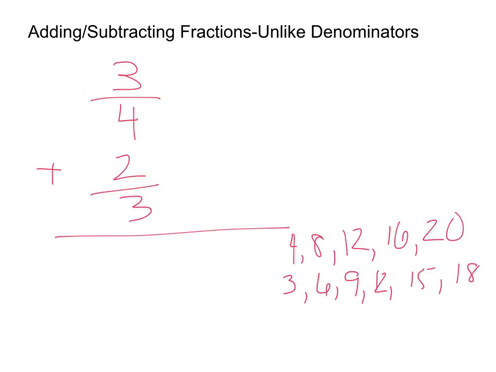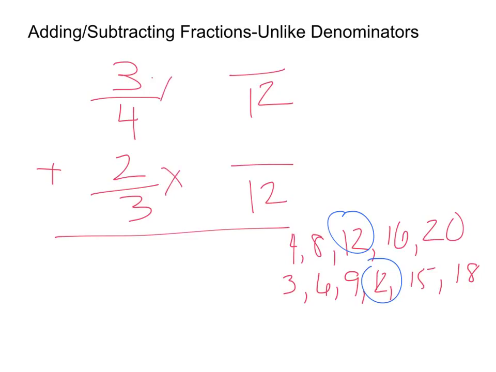Let's look to see what the least common multiple is, the smallest number they both have in common. And that is going to be 12. So 12 is going to be our new denominator.